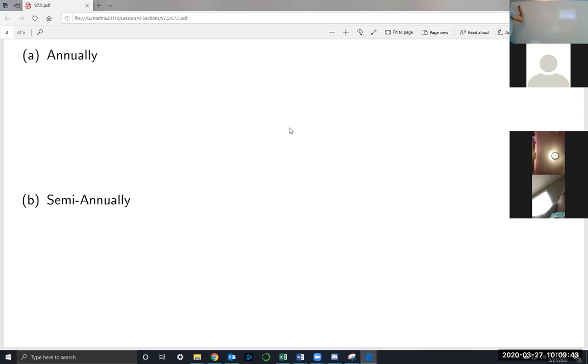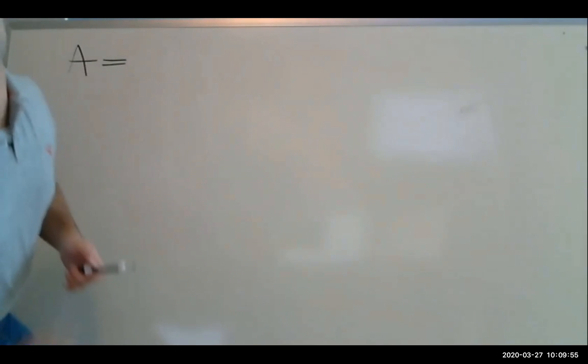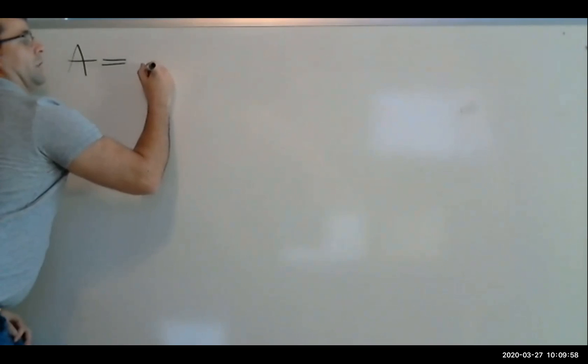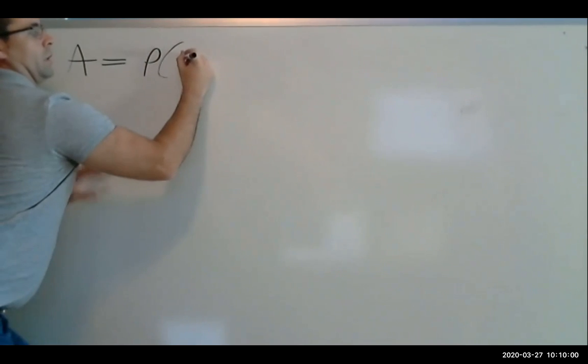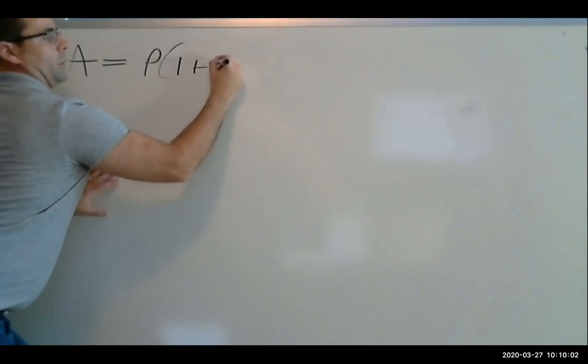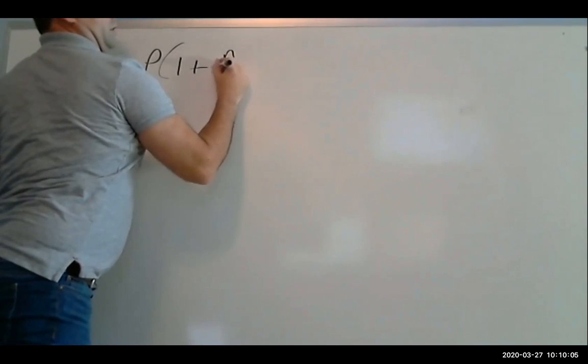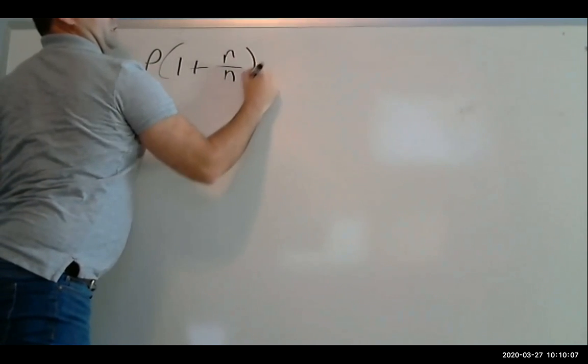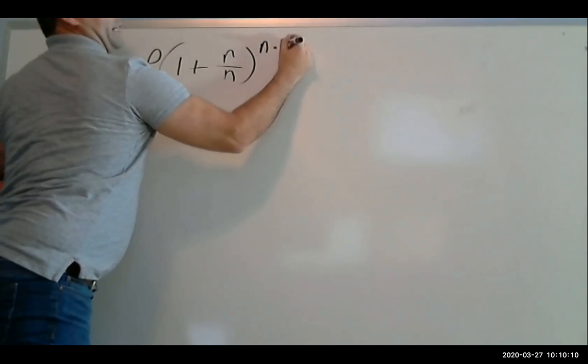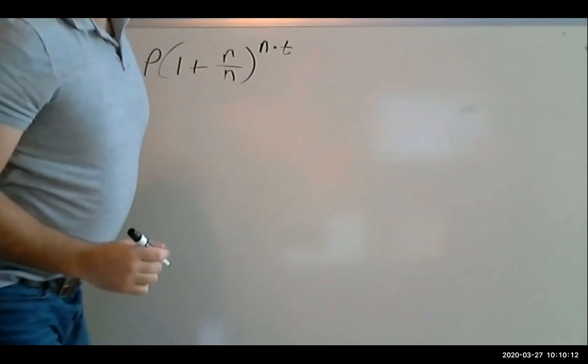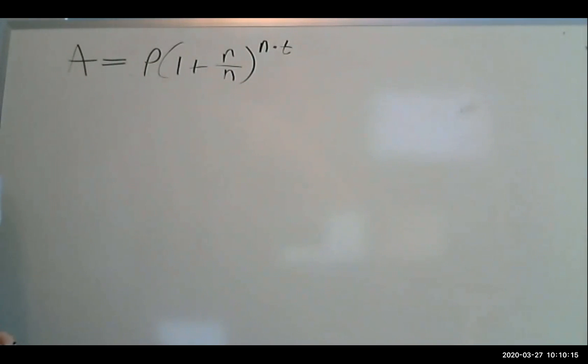So let's take our equation. A equals P times 1 plus R over N, to the N times T.